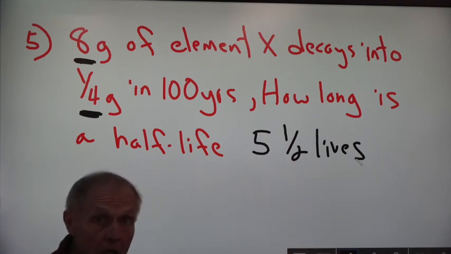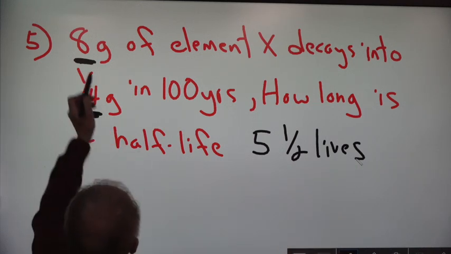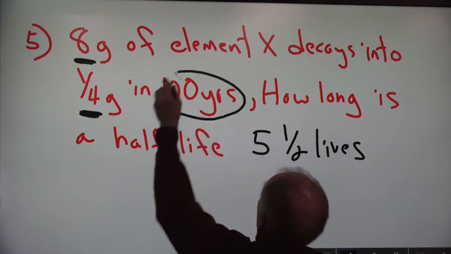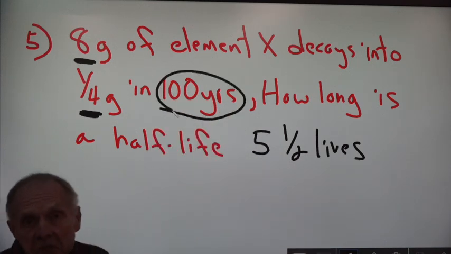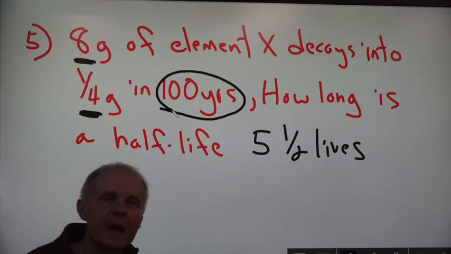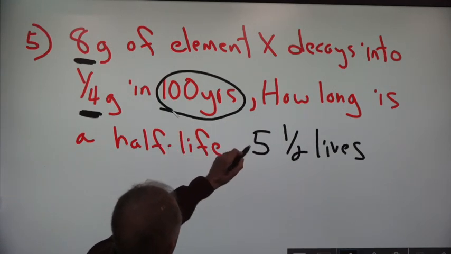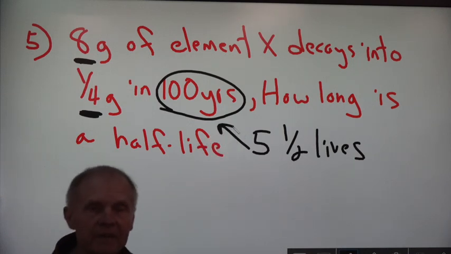And from 8 grams to 1/4 of a gram, it took 100 years. So, how can you figure out what 1 half-life is worth? Easy. 100 divided by 5.